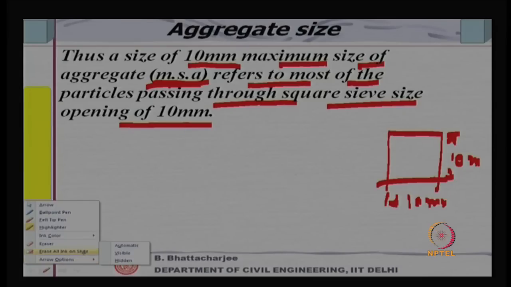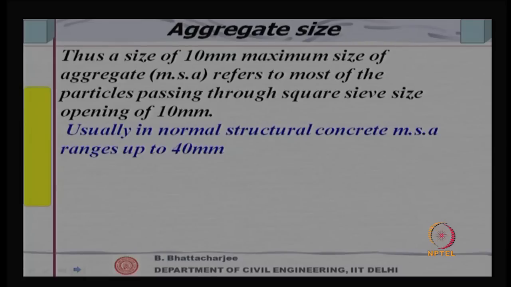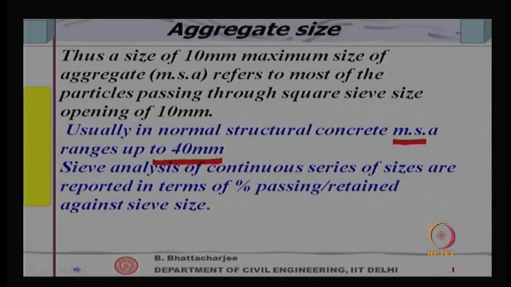How much percentage can be retained comes from practice or is given in codes. Usually in normal structural concrete MSA ranges up to 40 millimeter, mostly 20 millimeter, and we will see of course what the choice of MSA depends on.